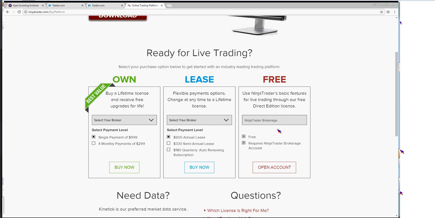It's the direct edition license. You can lease it for $600 for a year, or own it for $1,000. They'll say select your broker. If you go through Ninja Brokerage, you can get your FXCM and your futures accounts on a single broker license.